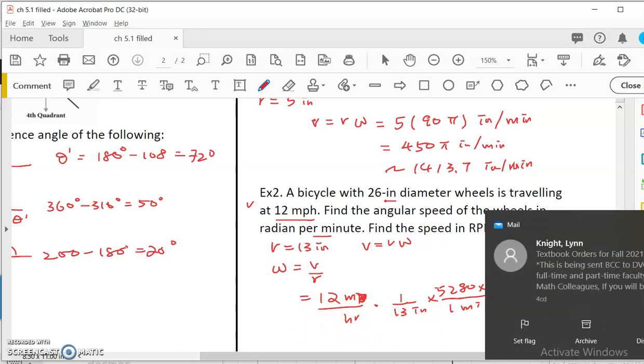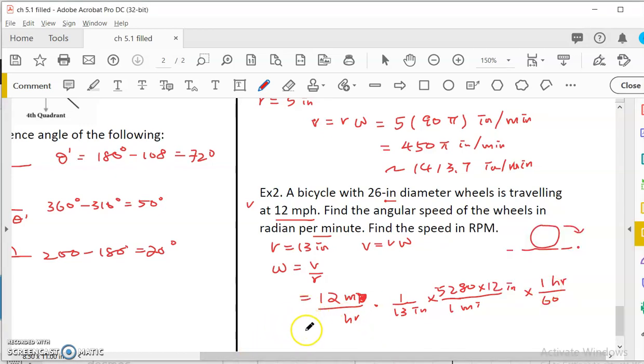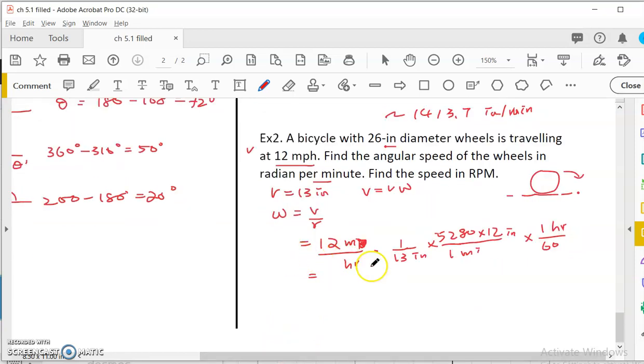So this will be the omega. Put in the calculator: 12 times 5280 times 12 over the bottom, 13 times 60. I got 974.7. After I cancel everything, I have minutes left over, so this is radians per minute. This is the first part.